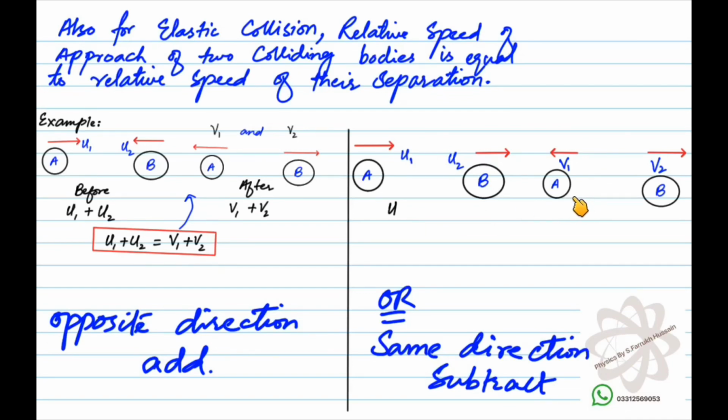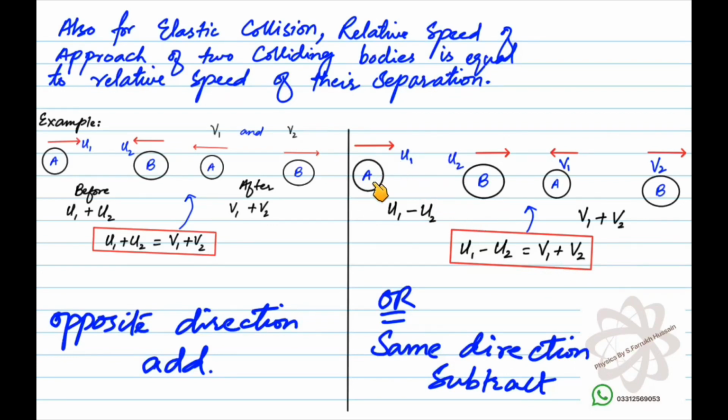Similarly, v1 and v2 is actually the two objects moving away. Let's say object B has a speed of 2 meters per second towards right, and object A has a speed of 2 meters per second towards left. So the relative speed of separation of the two objects will also be 4 meters per second. If the two speeds are the same, you will call it an elastic collision, because whatever is the speed of approach is actually the speed of separation.